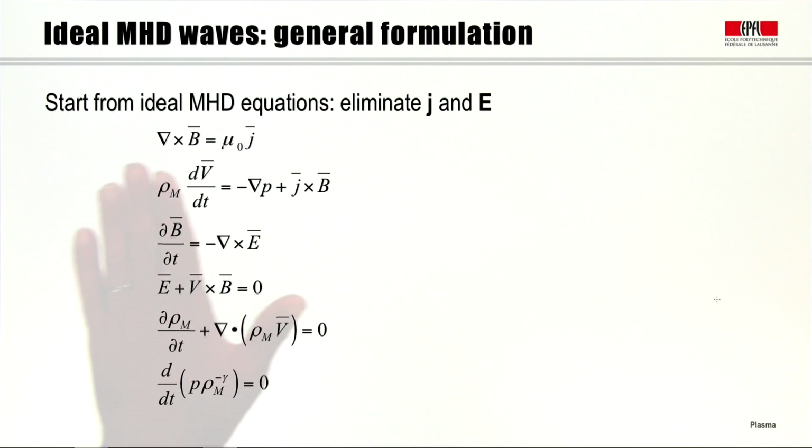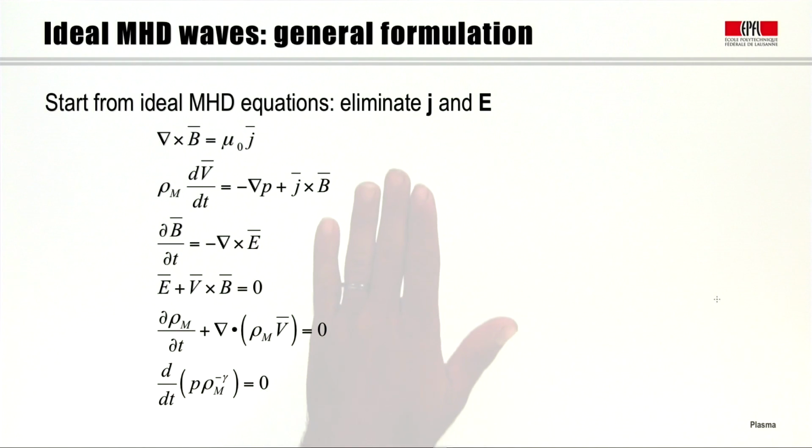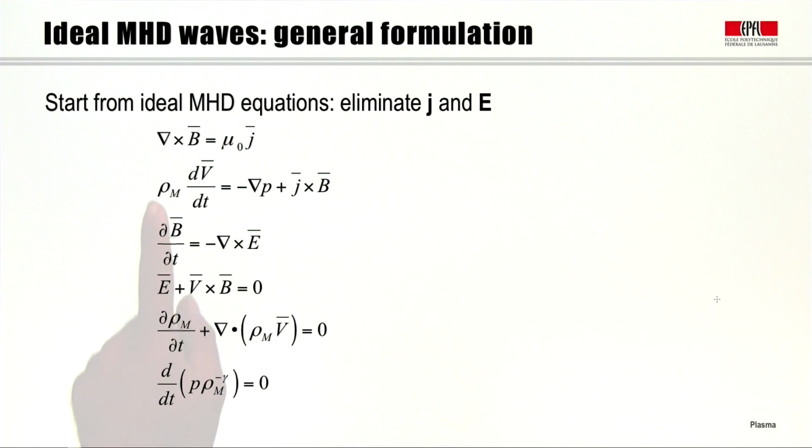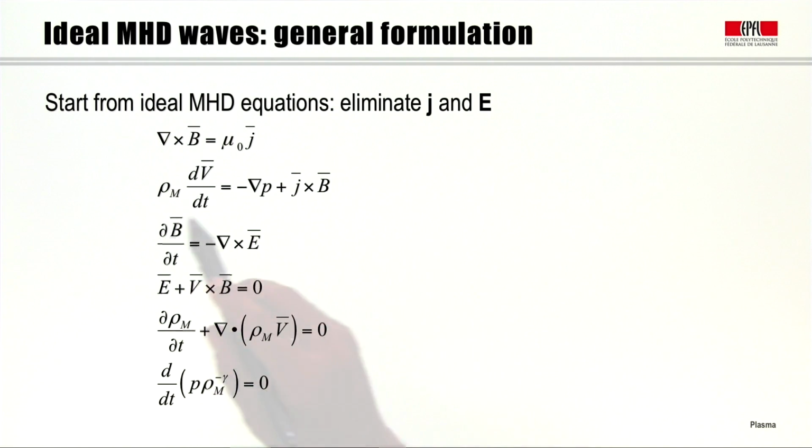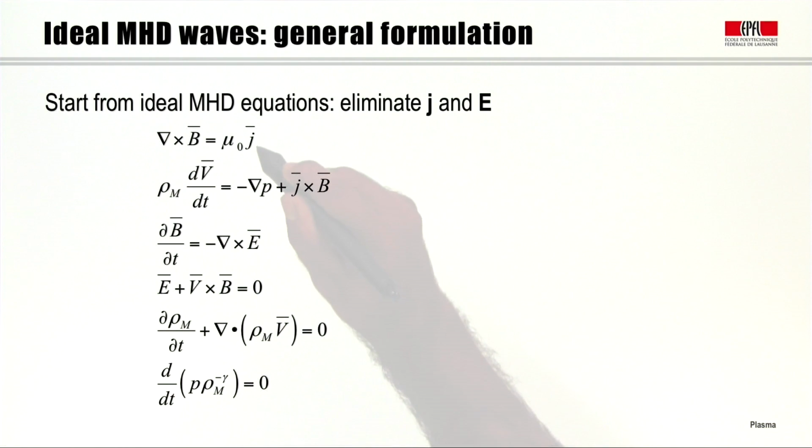Now we start from the ideal MHD equations, and we use them to eliminate J and E. We have here Ampere's law and the momentum balance equation. We can take J from Ampere's law and plug it into the momentum balance equation.